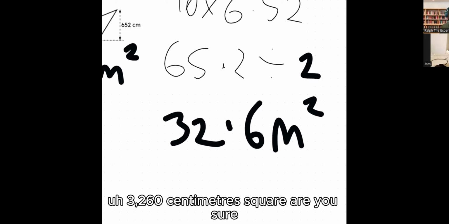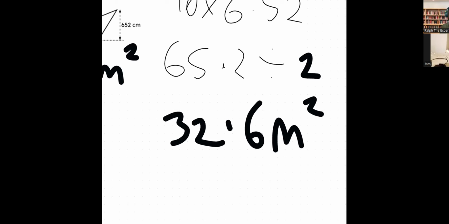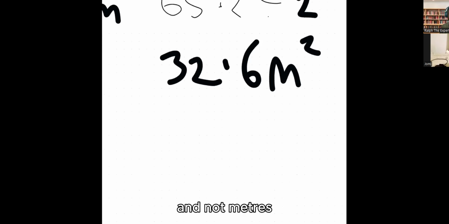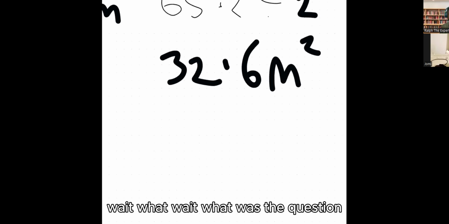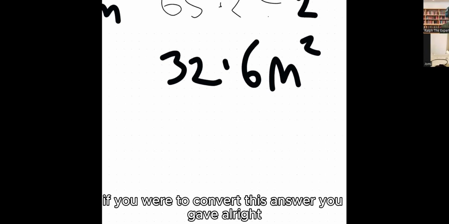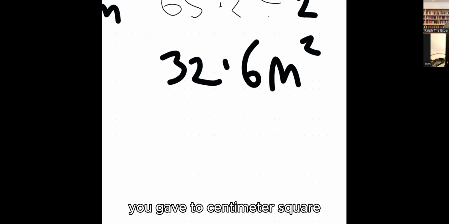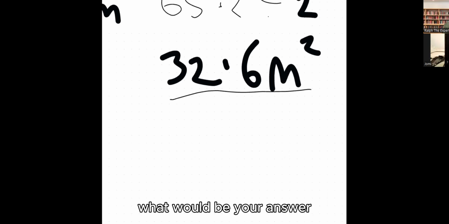3,260 centimeters square. Are you sure? You note that this is meters square we're talking about and not meters. Wait, what was the question? If you were to convert this answer you gave to centimeters square, what would be your answer?